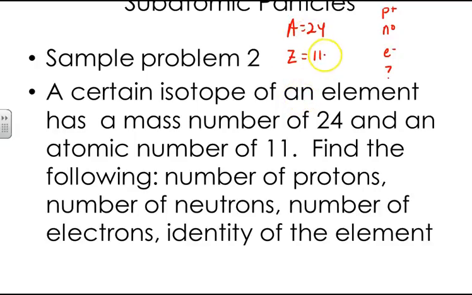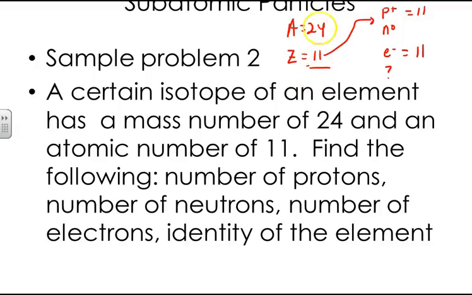Okay, number of protons is the atomic number, so this is 11. The number of electrons is the same as the atomic number, 11, assuming that we're neutral. The number of neutrons is going to be the mass number minus the atomic number.